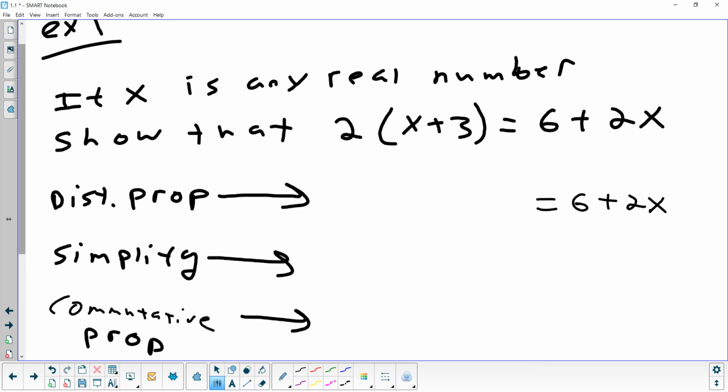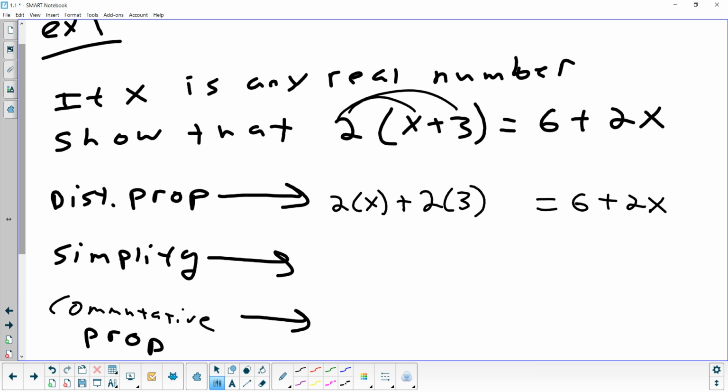And Jack, can you tell me how do you do distributive? Like what do you have to do? Multiply the 2 by x plus 3. And so I'm going to multiply the 2 by what first? X. So I'm just going to leave it. It's 2 times x. And what else did you say to multiply by? 2 times 3. To do a distributive property, that's all you have to do. That's the distributive property.